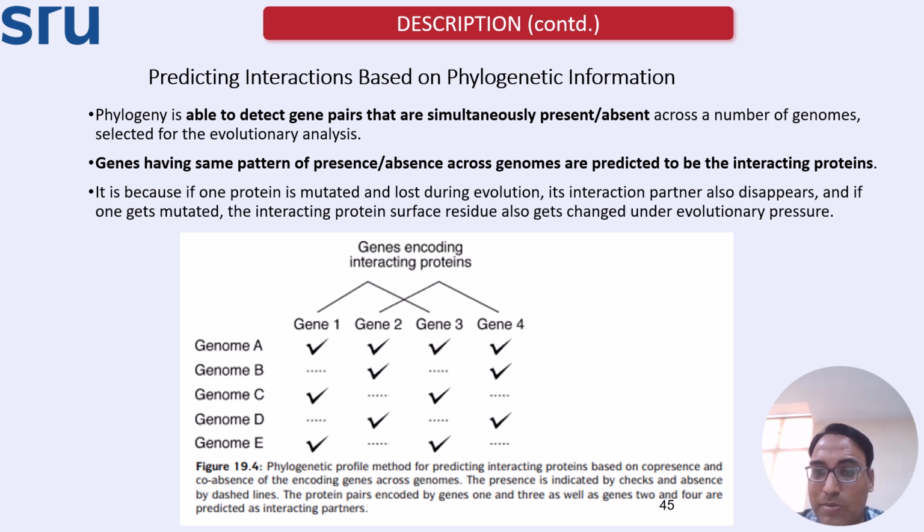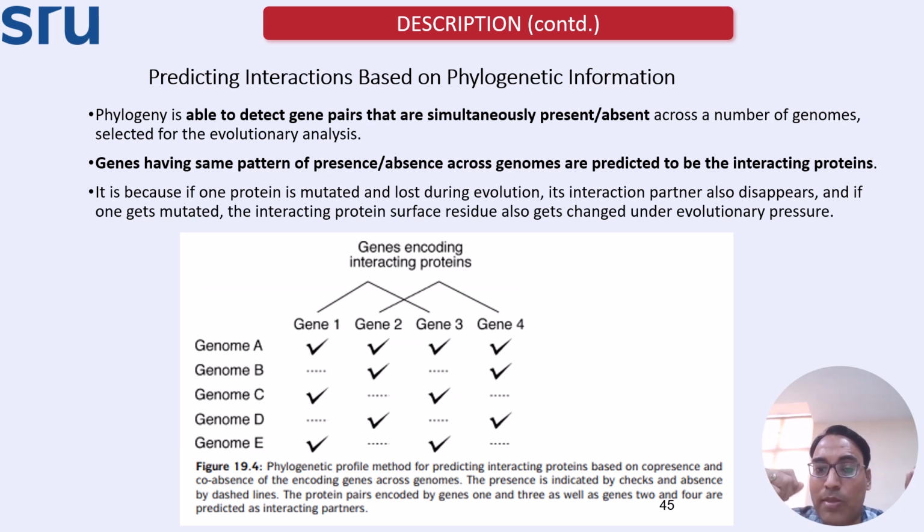Now, did you find some discriminating factor here? Wherever gene 1 is present in particular genomes, gene 3 is also present. So what does it show? It shows that gene 1 and gene 3 are always acting as interlinked partners in all the five genomes considered here.